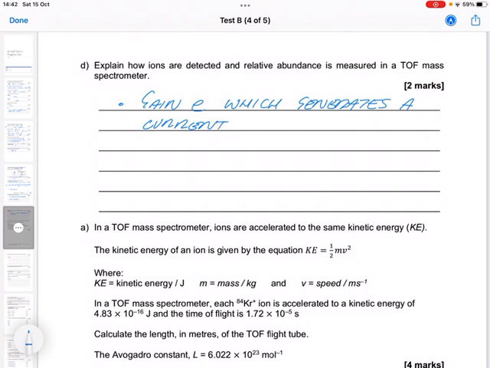And then obviously the more of them there are, the more electrons are drawn, which means there is a greater current. So size of the current is proportional to its abundance.